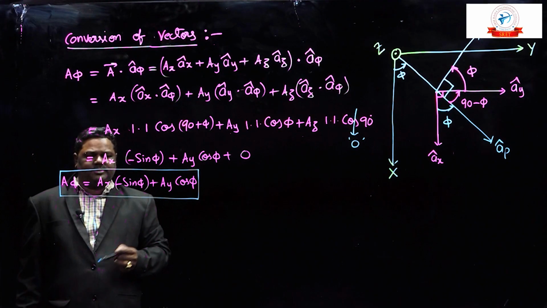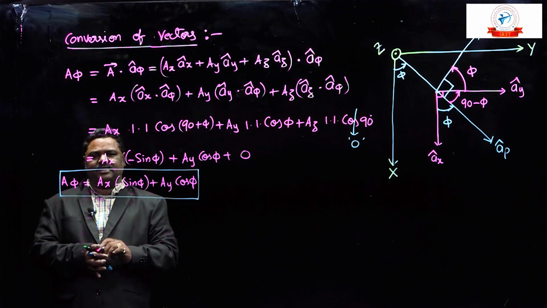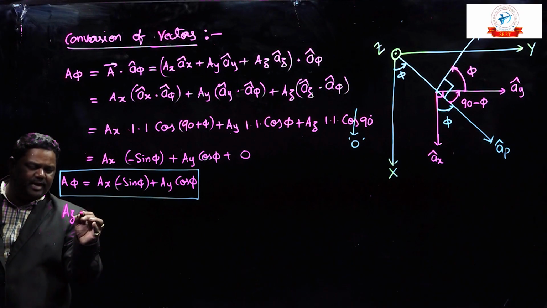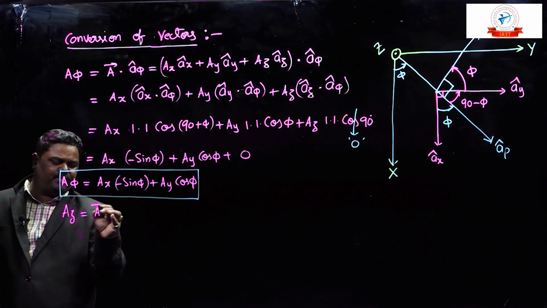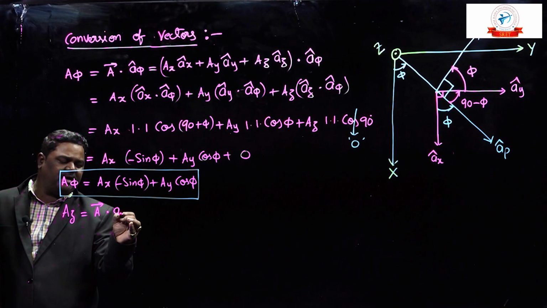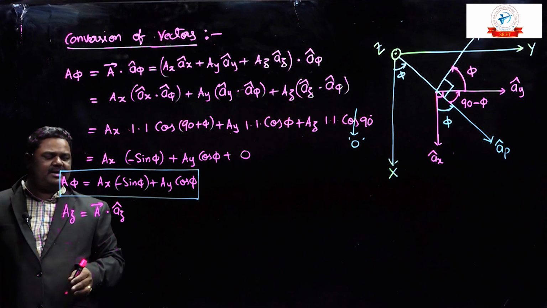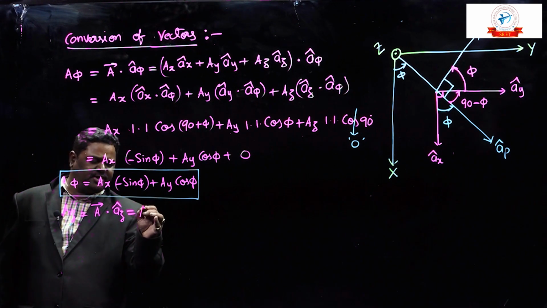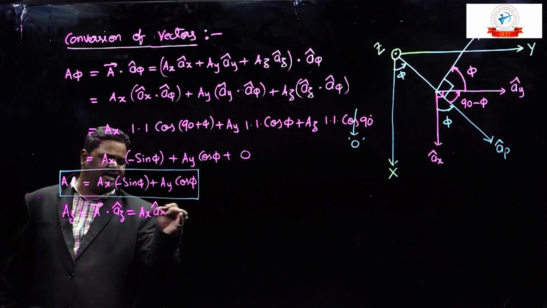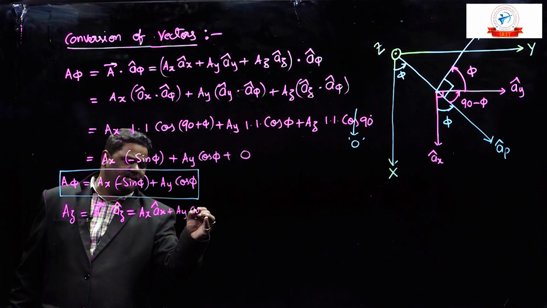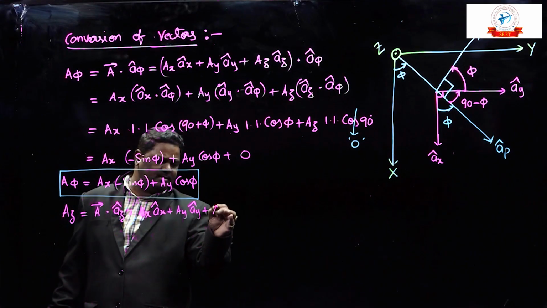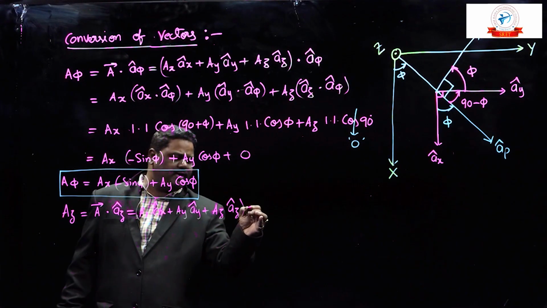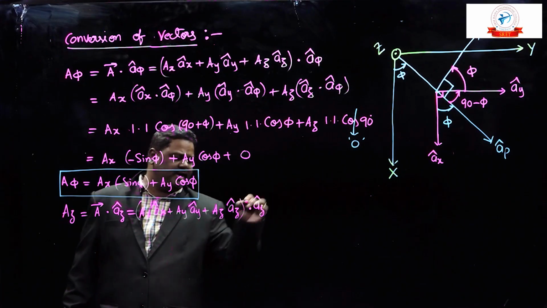Yeah. So finally, let us obtain what is the z component here. So to obtain z component, we need to perform dot product between A bar and az cap. Okay, dot product with az cap will give you z component. So A bar is given in Cartesian, Ax cap plus Ay cap plus Az cap dot az cap.